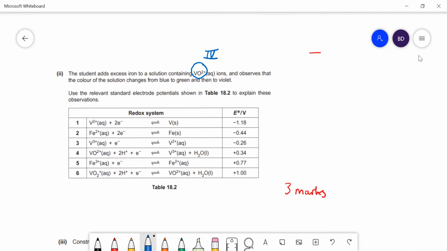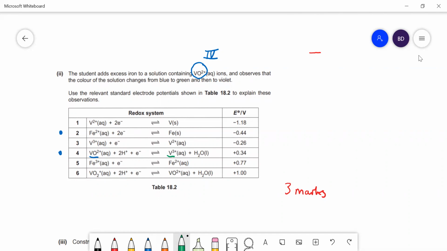The two half equations we're interested in: we need the iron one here, and then this one where the blue VO2+ is reduced to the green V3+. How would we explain these observations?